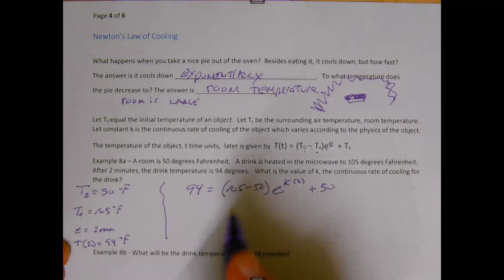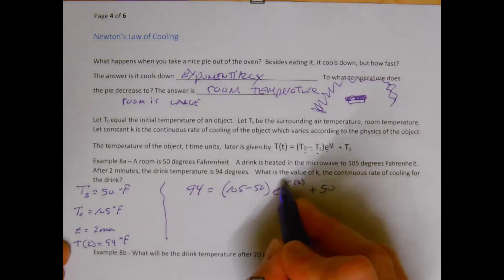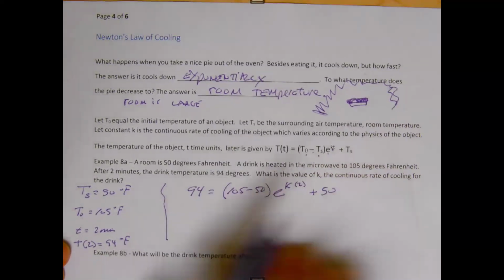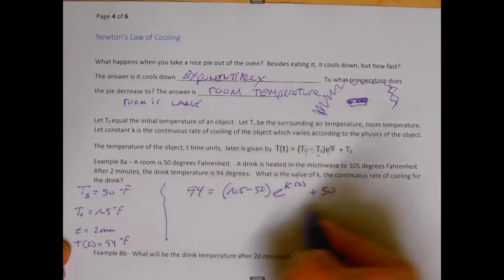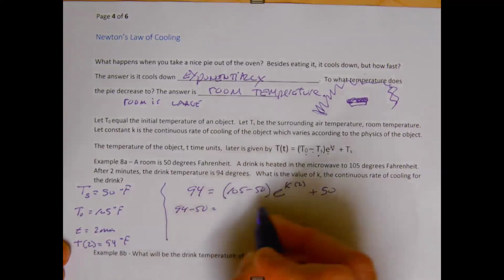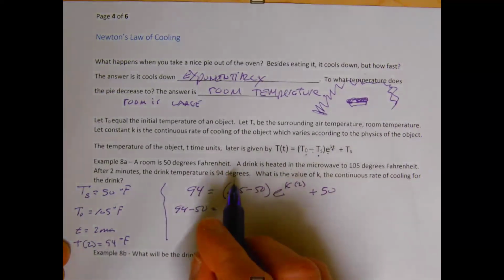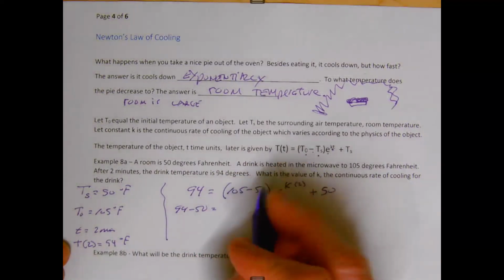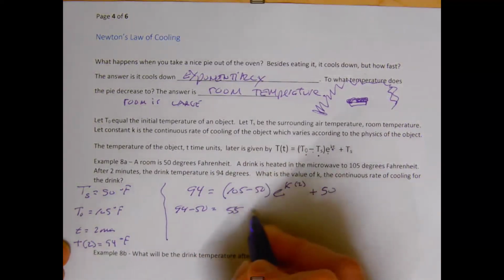I need to bring this exponent down, but I need to wipe out everything around it. So I'm going to subtract 50 from both sides. I'll also figure this out. I subtract those two, and what do I get? It looks like 55. Yep, that's 55.